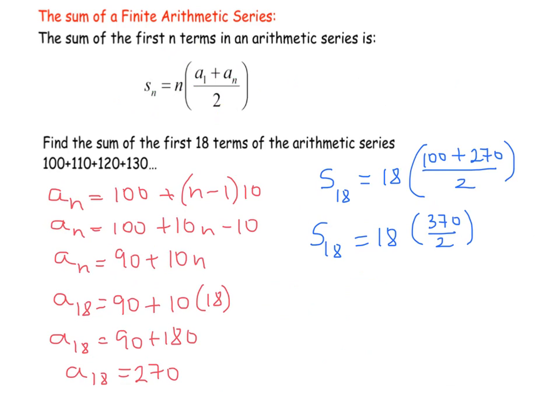And if I simplify by 2, the sum of the first 18 terms will be 9 times 370, which will give us a value of S18 is 3,330.